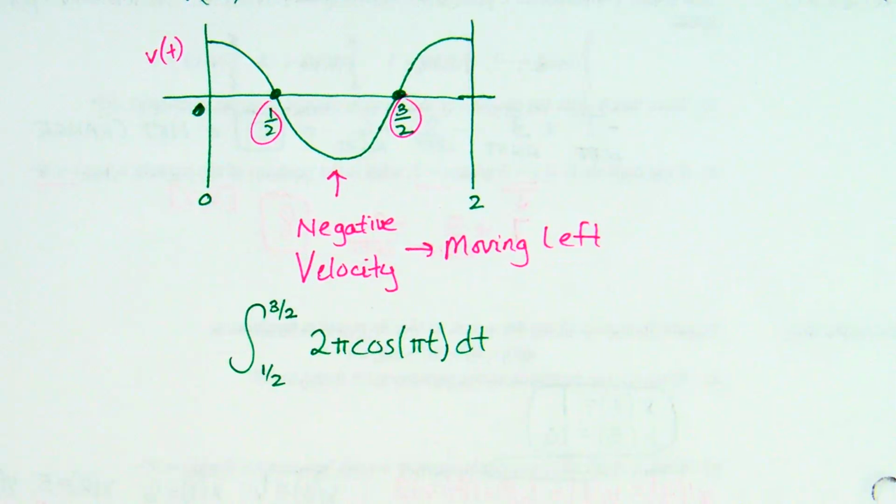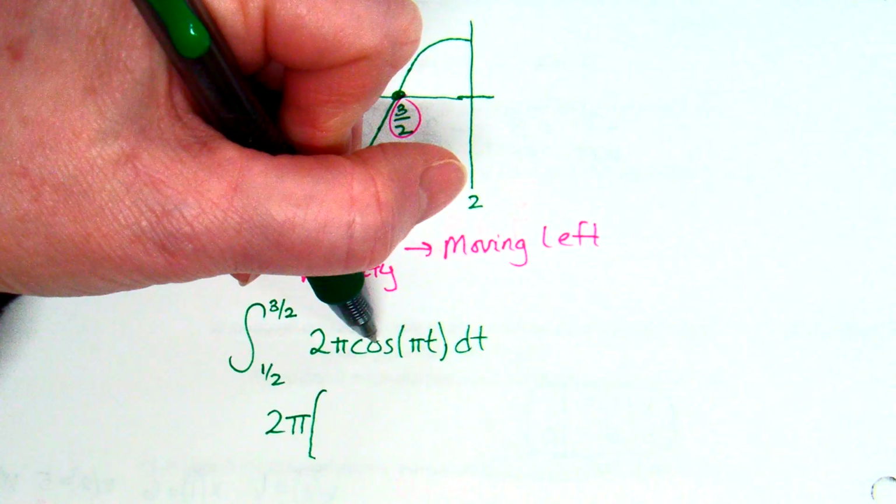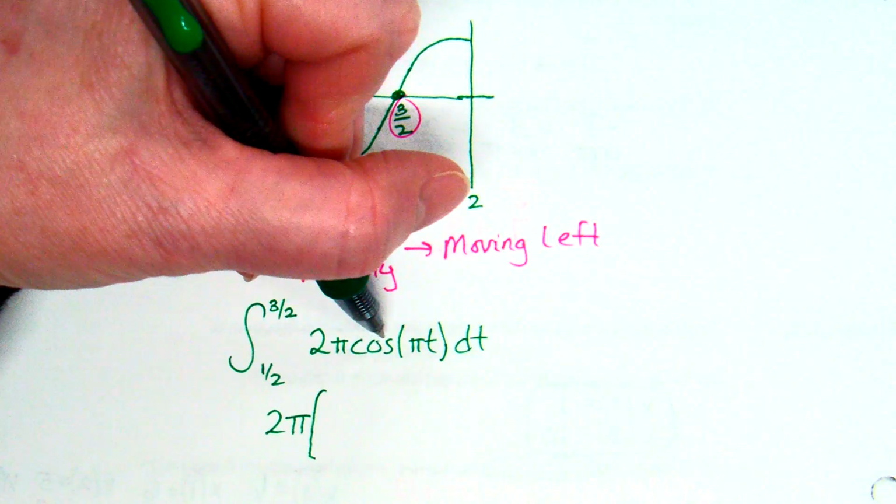Okay. So, my 2 pi is a constant, yes? I'm just going to put it out front. What is the integral of cosine of something? Negative sine. Wait. Integral of cosine? It's not negative, it's just positive sine, yes? I'm double checking myself here. Yeah. Okay. So the integral of cosine is sine. Now, there's a pi t here, so divide by the pi.